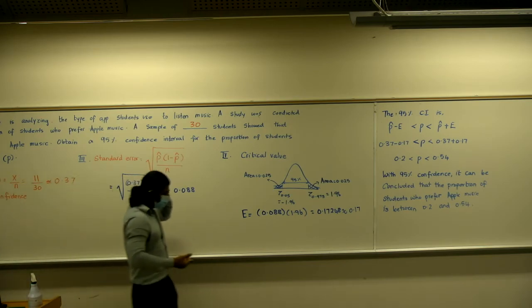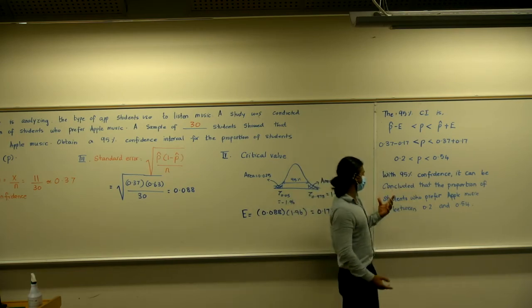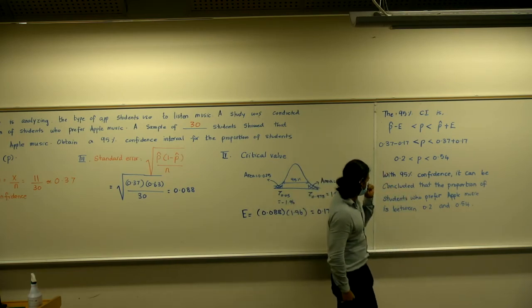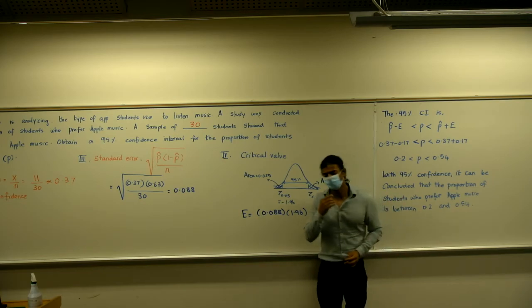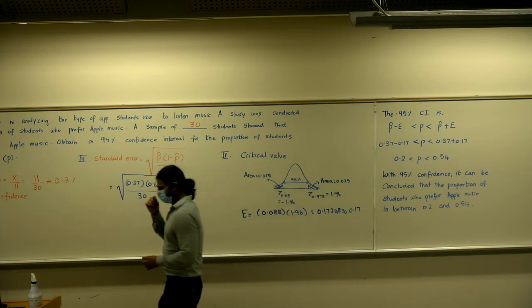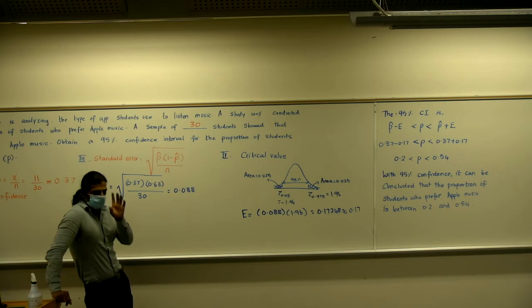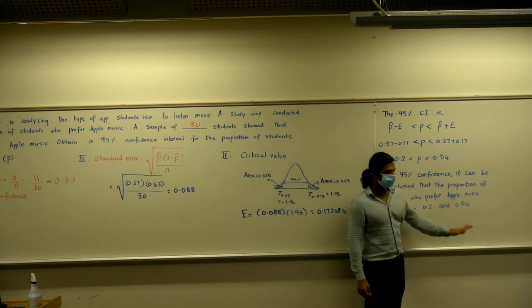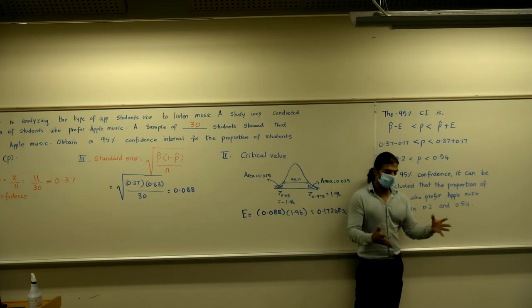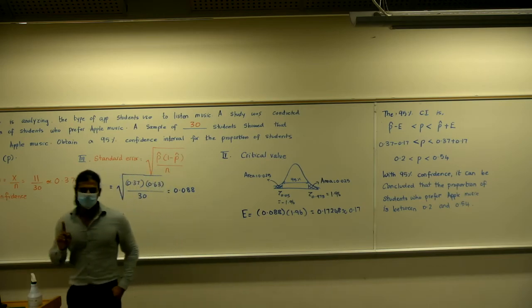So the conclusion here is with 95% confidence, it can be concluded that the proportion of students who prefer Apple Music is between 0.2 and 0.54. Oftentimes people would say the population parameter is definitely going to be between 0.2 and 0.54 with 95% confidence. But there is a slight difference in interpretation.